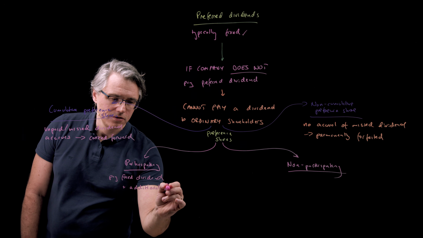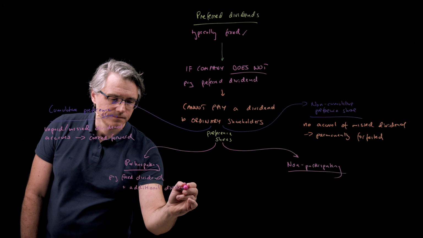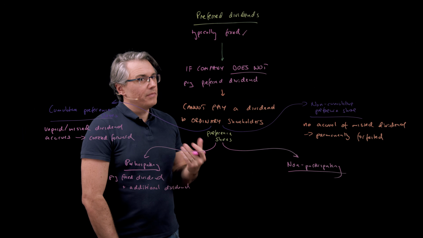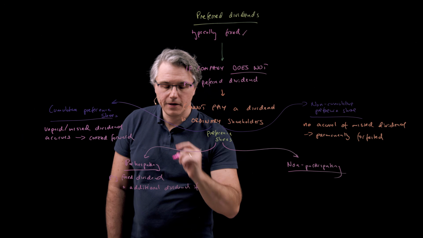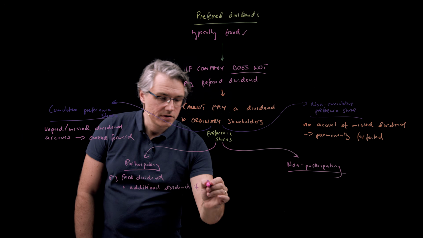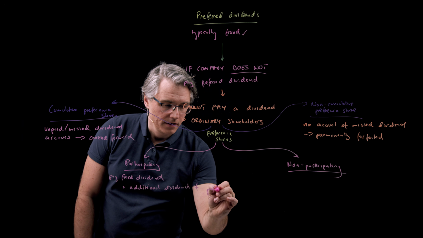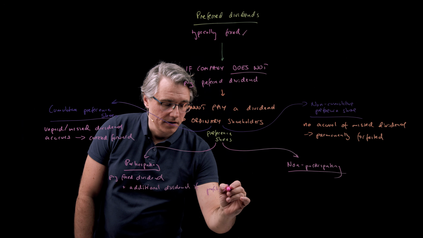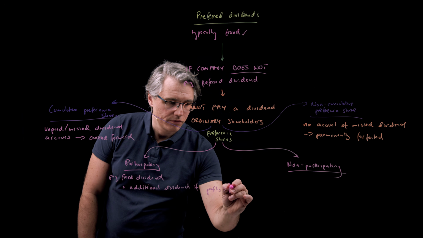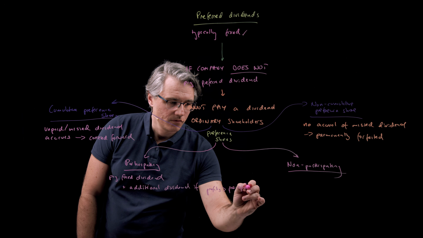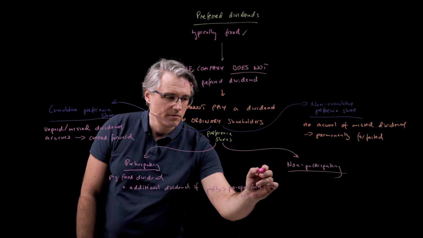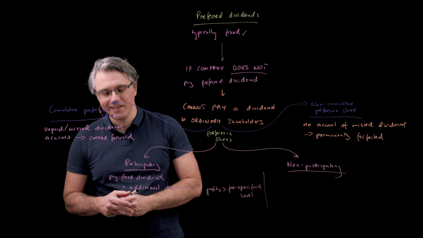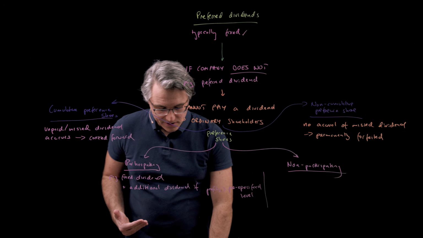An additional dividend, but if certain conditions are met. If the profits of the company typically exceed a pre-specified level. So if performance is good, then you also kind of participate in that extra performance, in that good performance.